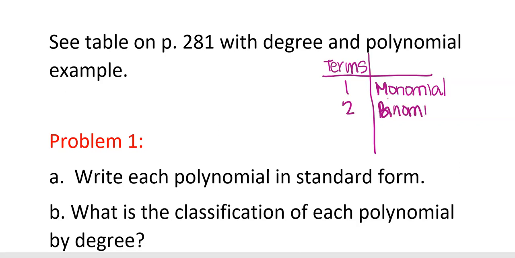I think you'll probably know these first three. 3, trinomial. 4, and then there's also a 5. 4 is quartic. 5 I think is quintic, if I remember right.